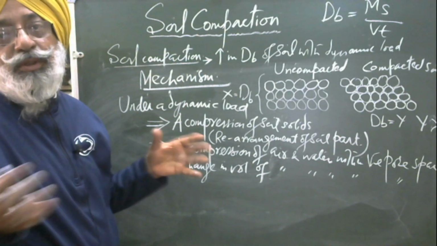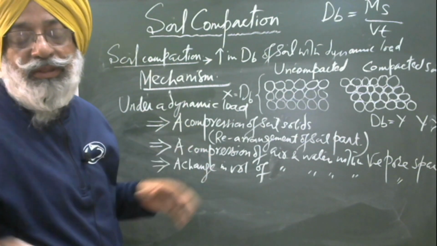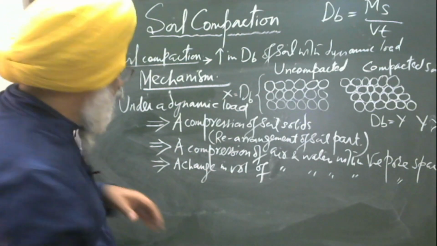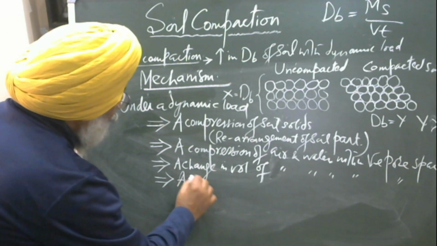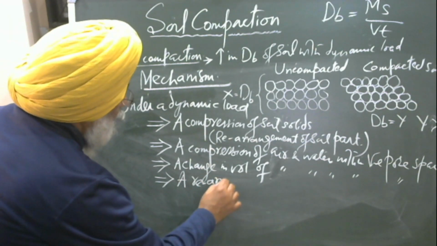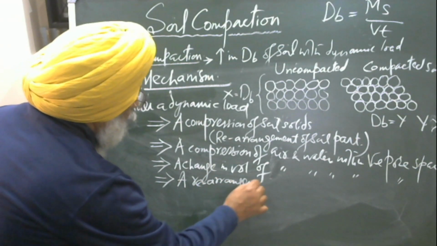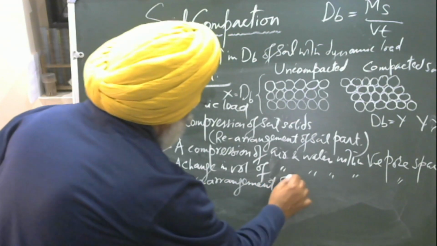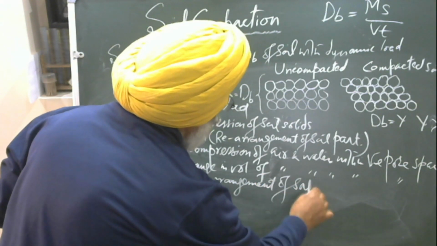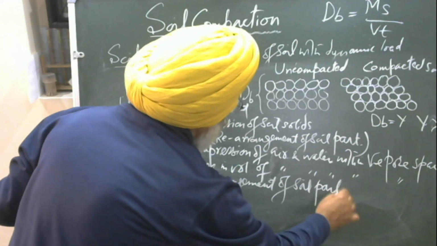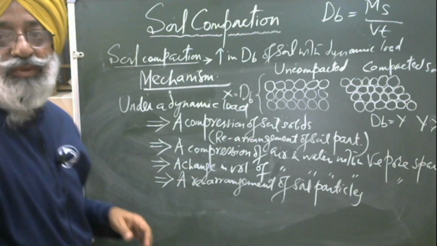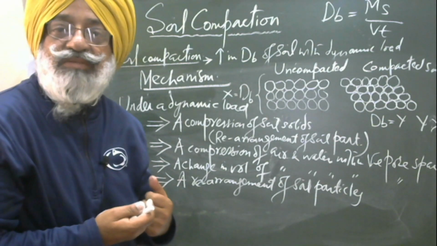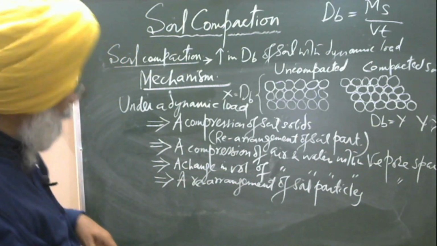So maybe then all the micropores get filled with water. And lastly, there could be a rearrangement of soil particles. As I said, a compression of soil solids means the rearrangement of soil particles.